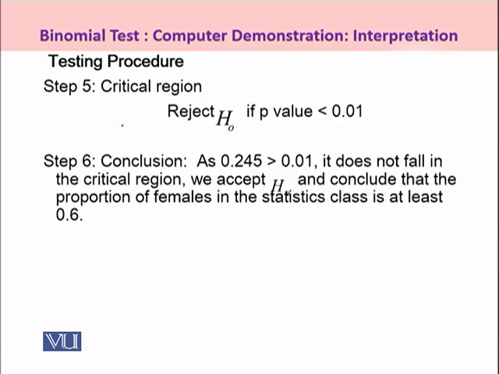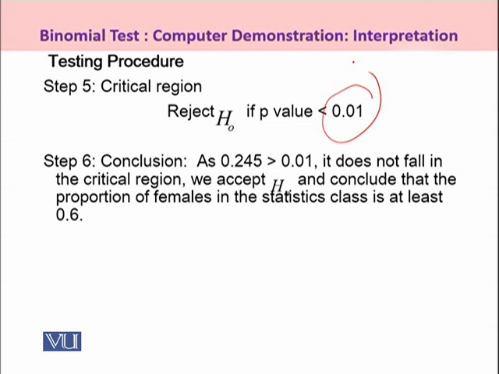So students, the critical region, which is the next step under the testing procedure, specifies where to reject or accept our null hypothesis. We will reject the null hypothesis if our p-value is less than our alpha value, which is 0.01 in this case.